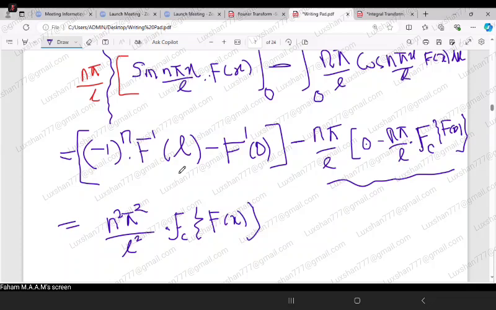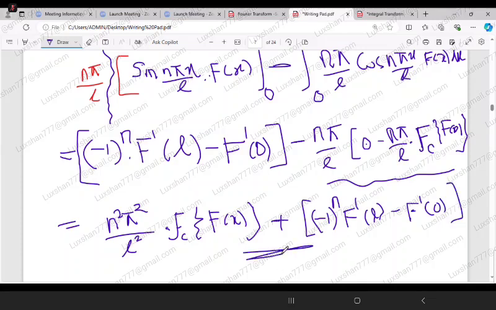So, okay, minus 1 to the power n. So that is plus, can write it minus 1 to the power n f dash L minus f dash 0. So that is the answer.